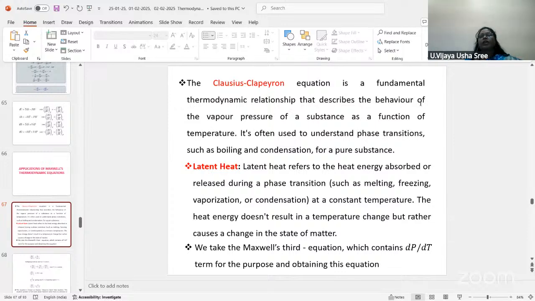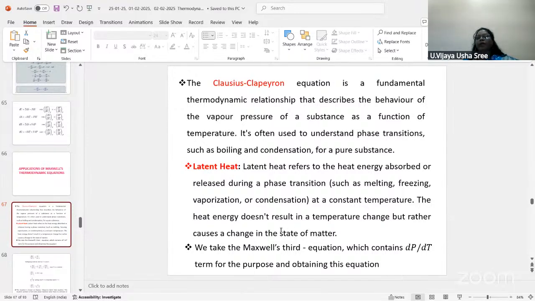What is in Clausius? The behavior of the vapor pressure of a substance as a function of temperature. We use it to understand phase transitions such as boiling and condensation. The latent heat energy does not result in a temperature change, but rather causes a change in the state of matter.